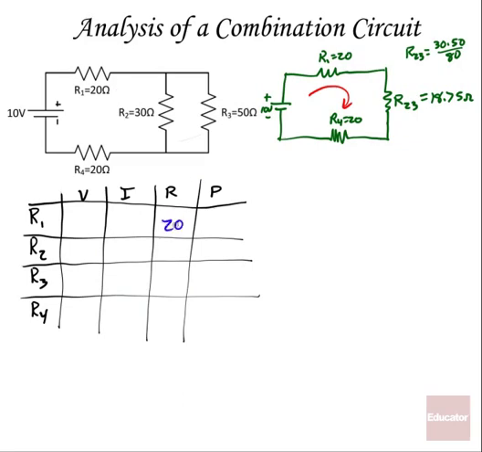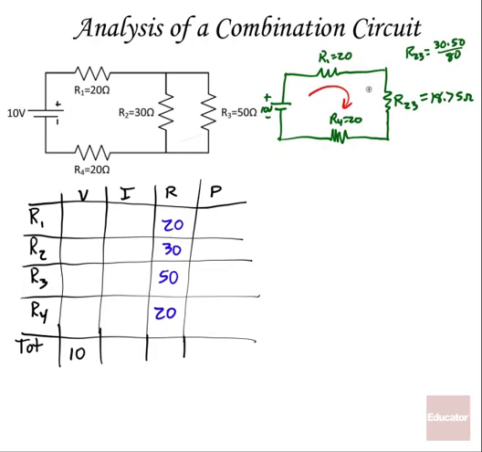R1 is 20 ohms. R2 is 30. R3 is 50. R4 is 20. Oops, and I forgot my row for total down here. Total. And our total voltage is going to be 10 volts.